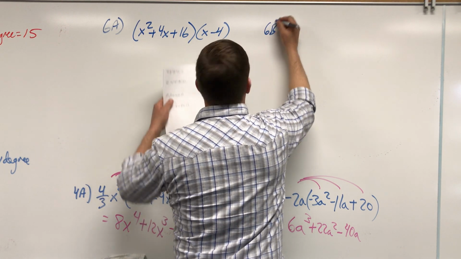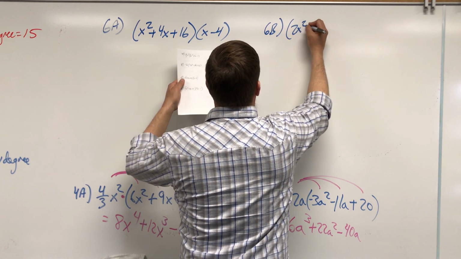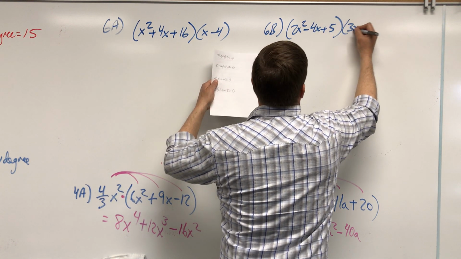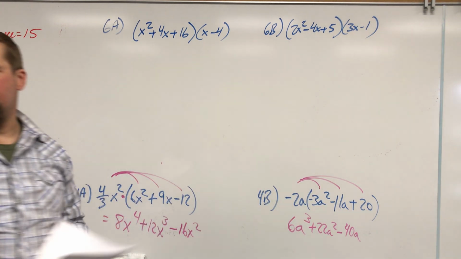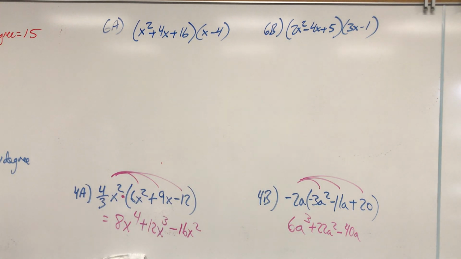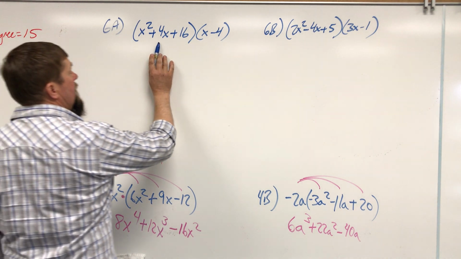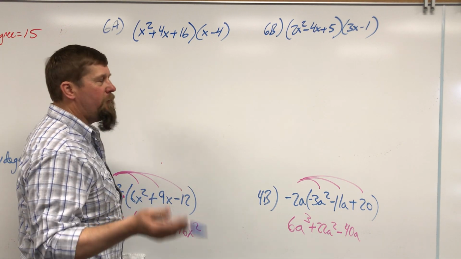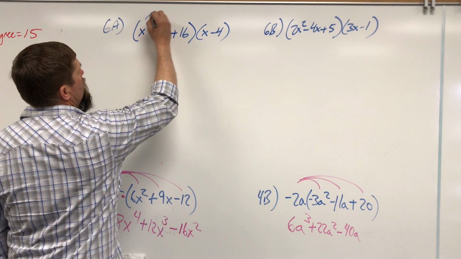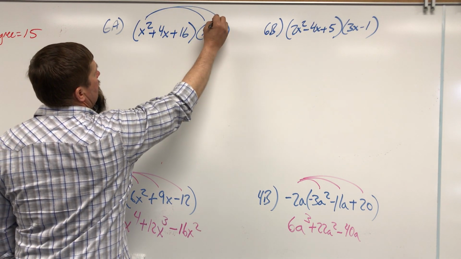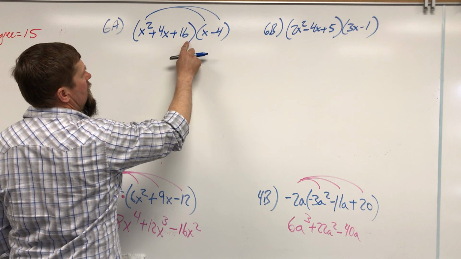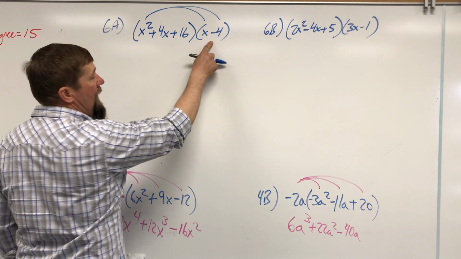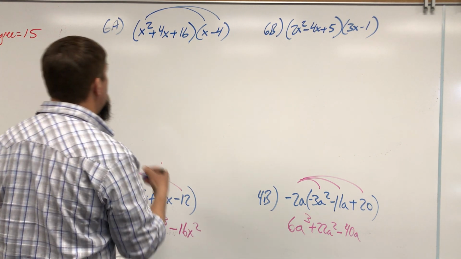Okay, 6b, we're going to end up with 2x squared minus 4x plus 5 times 3x minus 1. So same thing, just 2 examples of doing that. Now, when you take a trinomial times a binomial, you're actually doing like the FOIL method. You're taking each one of these times each of these. I'm taking 3 terms times 2. I should end up with 6 terms when I'm done.